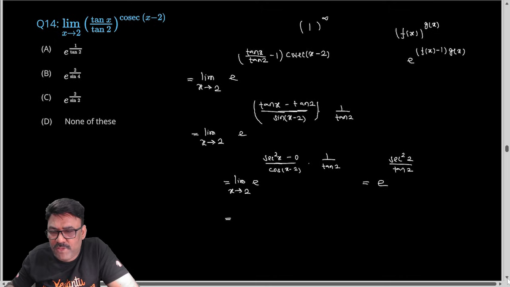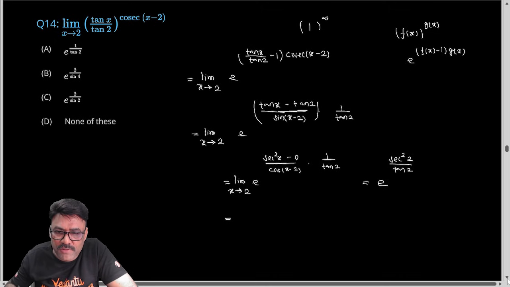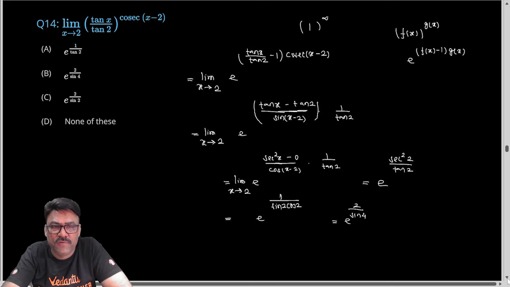Secant can be written as 1 by cos, tan can be written as sin over cos. So ultimately it will become e raised to 1 by sin 2 cos 2. And this can be written as e raised to, just multiply numerator and denominator by 2. The numerator is 2, denominator 2 sin theta cos theta is sin 2 theta. So it is 2 by sin 4. So basically it is e raised to 2 by sin 4, which is option B. Second option is the correct option here.